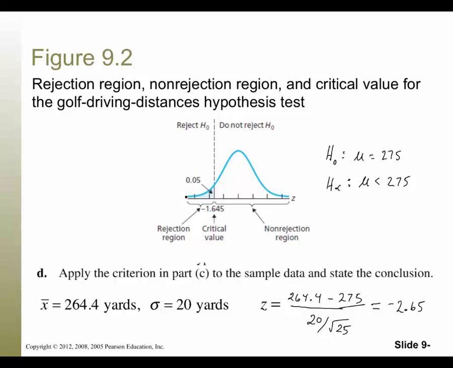Because 2.65 is over here. Less than 5% of the time, if his driving distance was 275, would we get a sample like this.